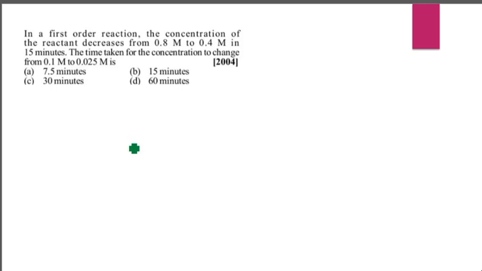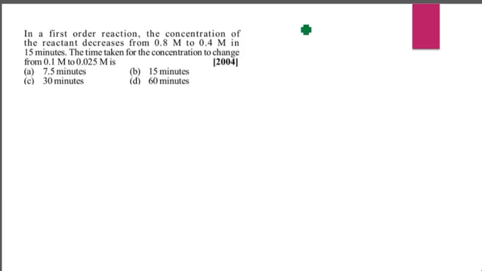Let me first quickly derive the first order reaction equations. You have all the orders, but basically questions will come from zero order, first order or half life. These three are the target zones.